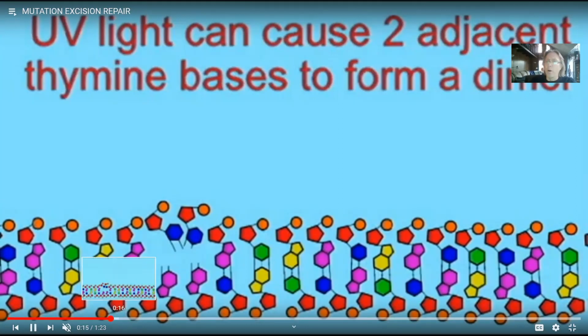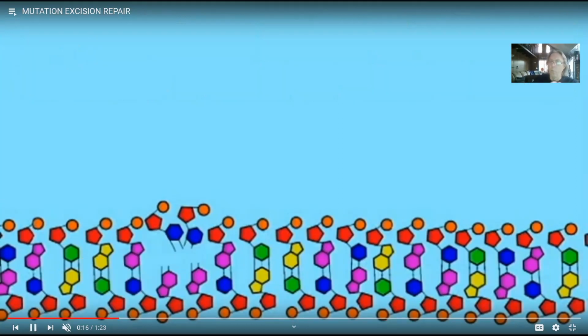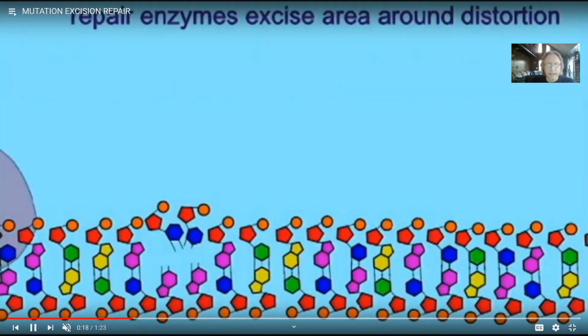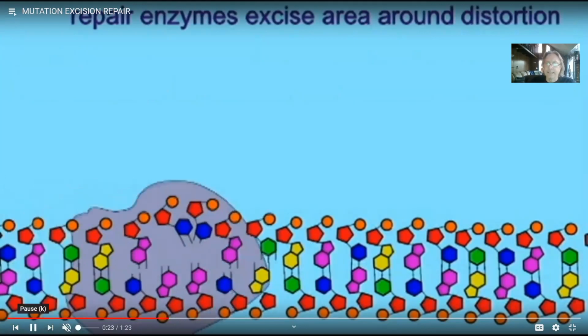So there are a number of different ways that this can be performed, because obviously here's a distortion and there are enzymes which follow the DNA molecule, and that's what they do. They will notice that there's an abnormal shape here, a distortion, and then they will excise something.